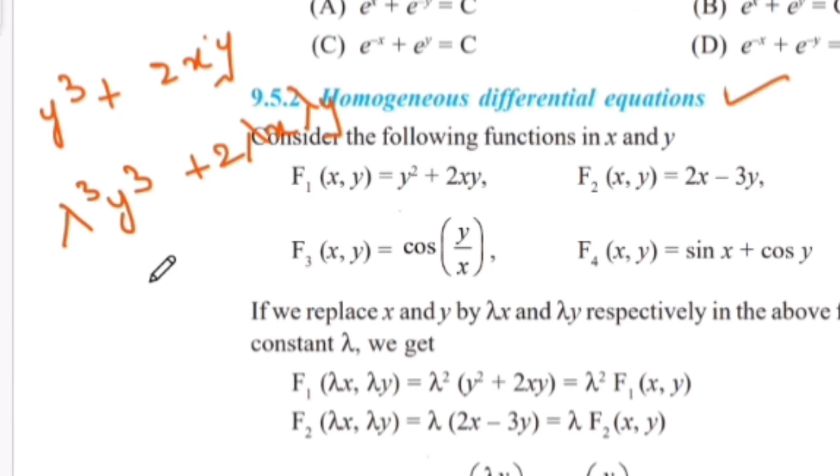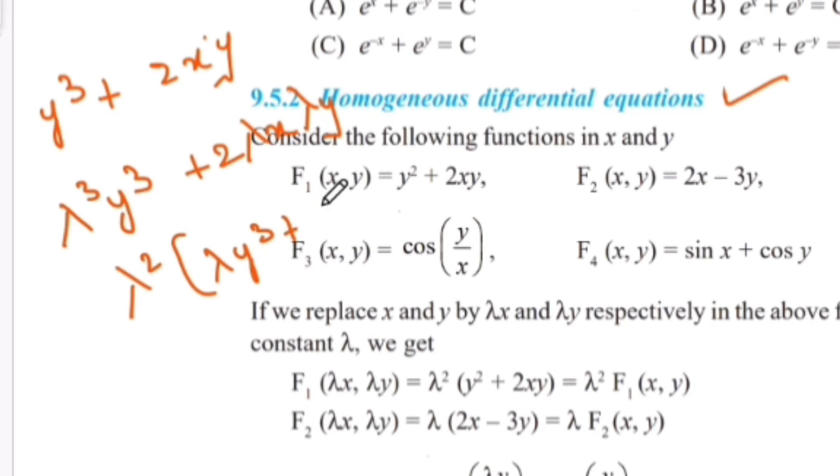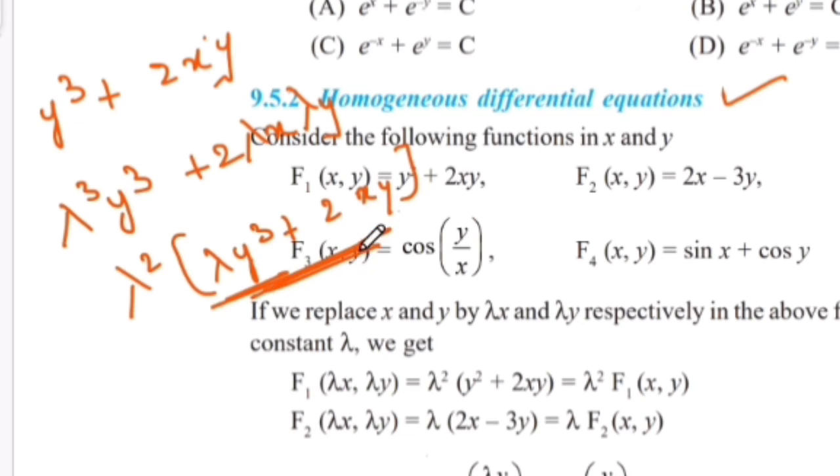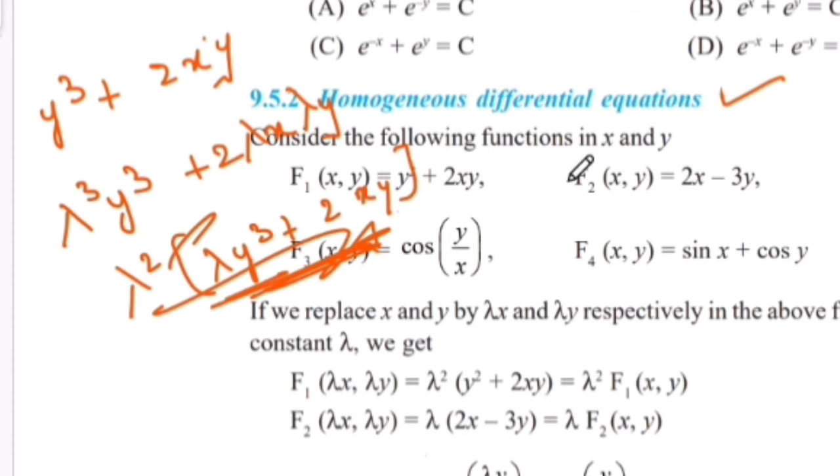So we can take lambda square outside, but one lambda will be there, plus 2xy. So this is not f of x, y. So only if it is homogeneous, we can take out that lambda and find the degree of the homogeneous function.